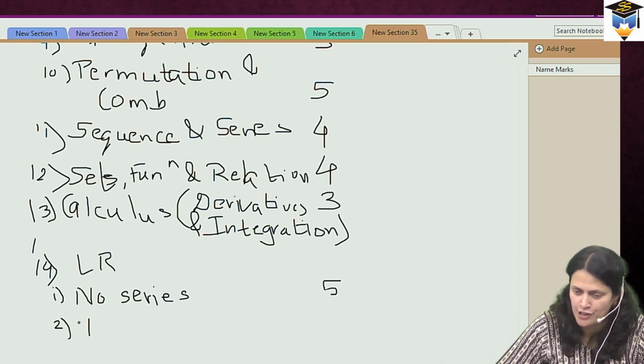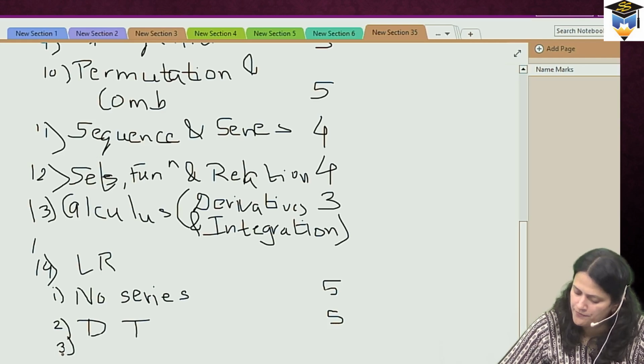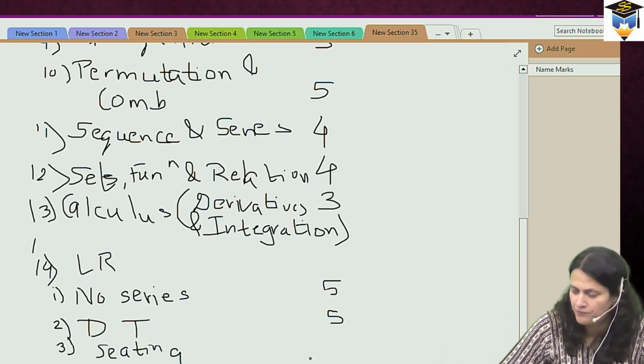Then direction test, again 5 marks. The marks are on an average. Third, seating arrangement. Seating arrangement chapter is asked for 4 marks.